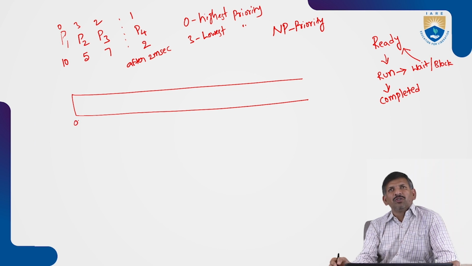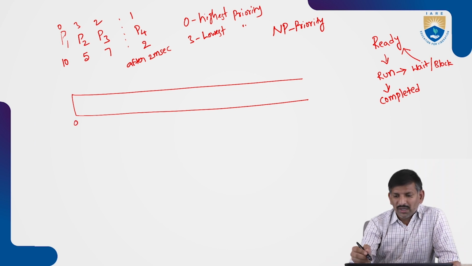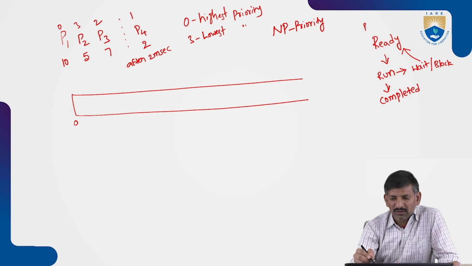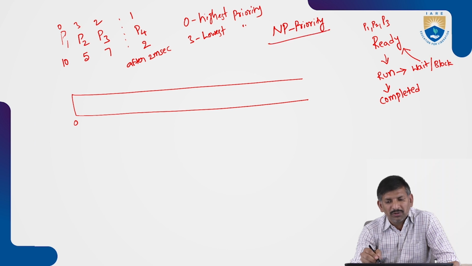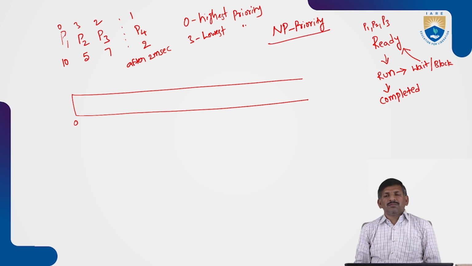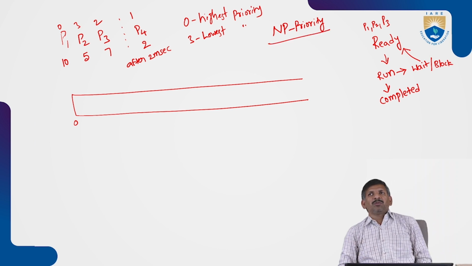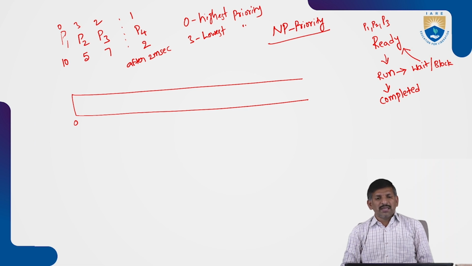So at the time of 0, what are the processes which are available in the ready state? P1, P2, P3. We are following non-preemptive priority-based scheduling algorithm. So among these three processes, which process is having the highest priority?